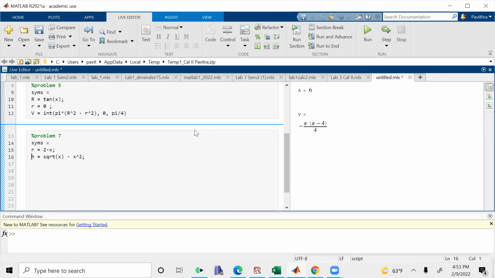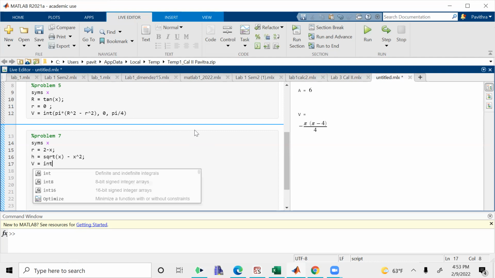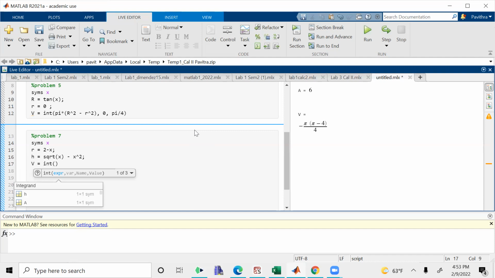Okay, it might not be the exact function which you see in your lab manual. You might have to do some modifications. Okay, that is completely left to you. So you must know what functions you have to use in the formula. And then you're going to find the volume, which is integral of circumference into height into thickness.